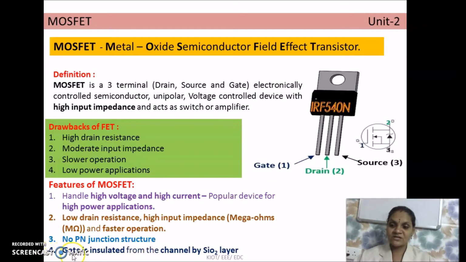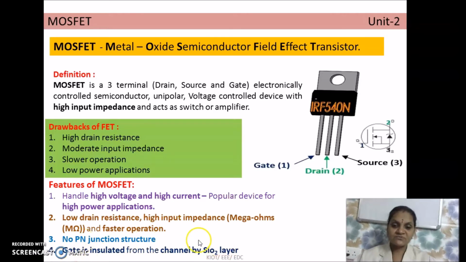And the fourth one, I told you it has high input impedance. How is high input impedance created? The gate terminal is insulated from the channel by an SiO2 layer, that is, a silicon dioxide layer, which acts as an insulating layer between the gate terminal and the channel.